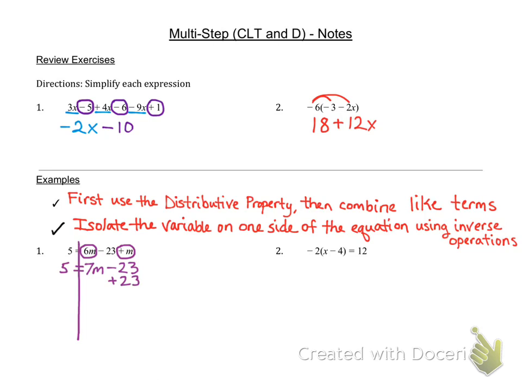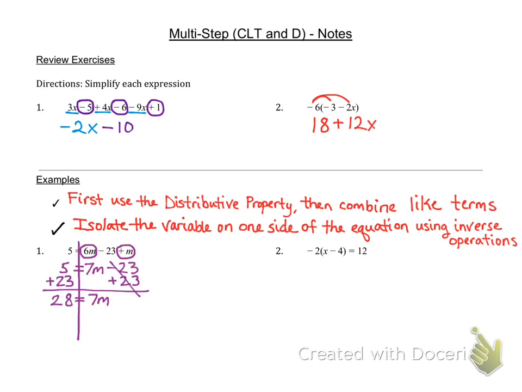So I'm going to add 23 to both sides of the equation. 5 plus 23 is 28. Bring down that equal sign. Bring down the 7m. Negative 23 plus 23 is 0, so that cancels out.